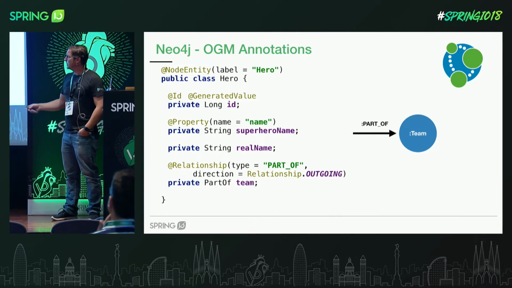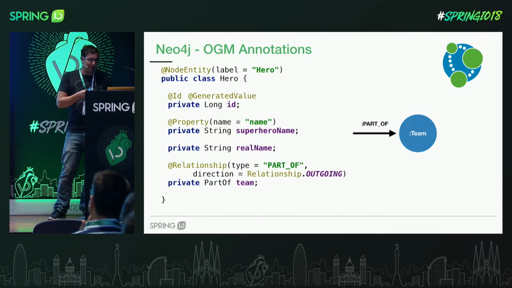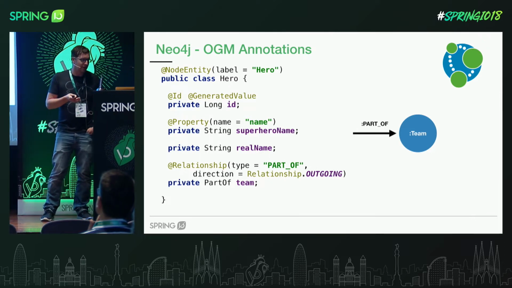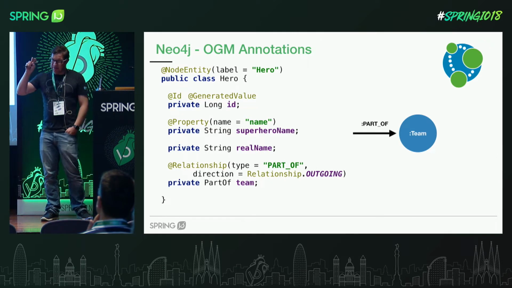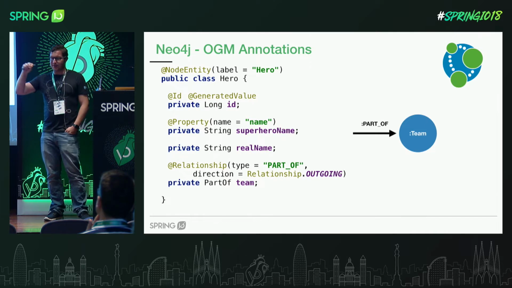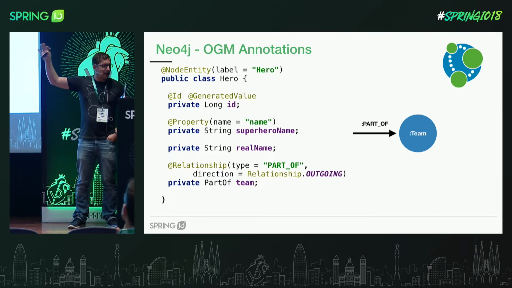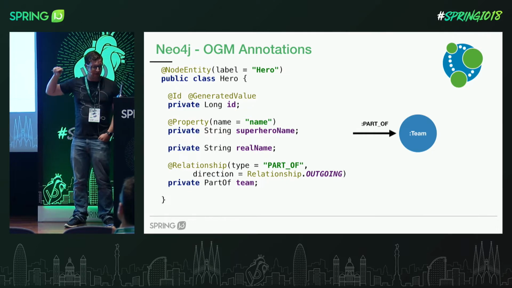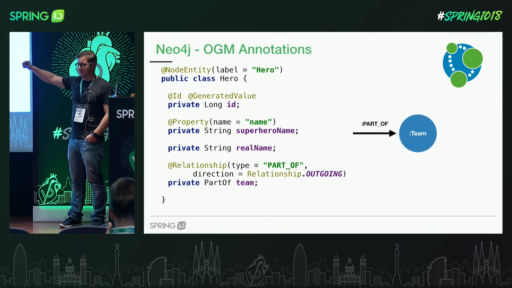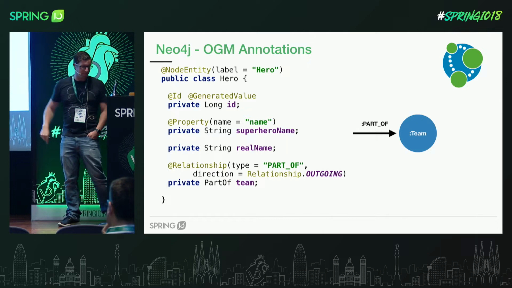And I spoke about the property. I think what's very explicit is the relationship mapping. You can define some kind of entity that might be another node entity, or the thing I come to in the next slide, and say your relation type is exactly the name, the type we have on this arrow, and I can also define the direction.